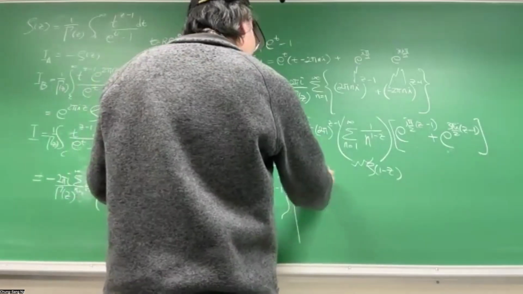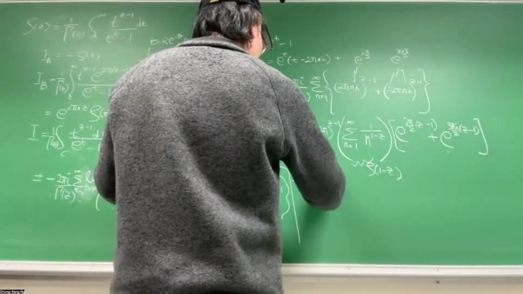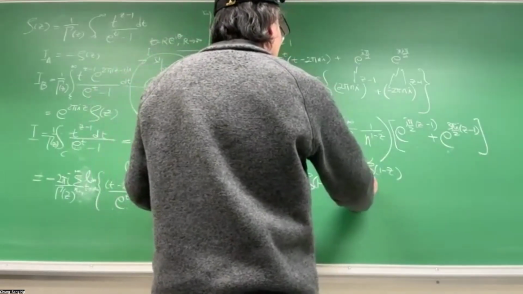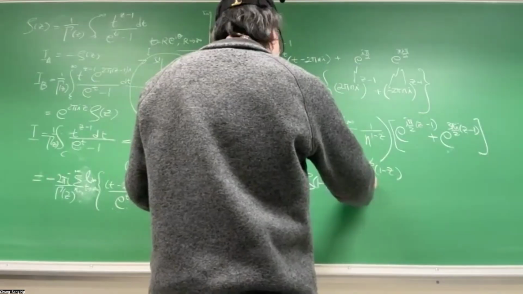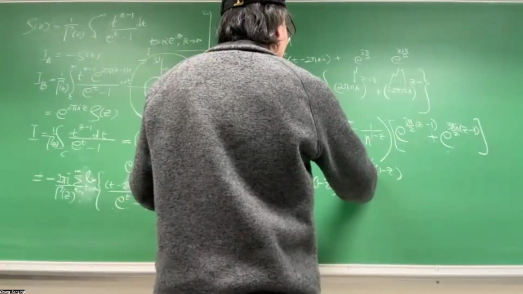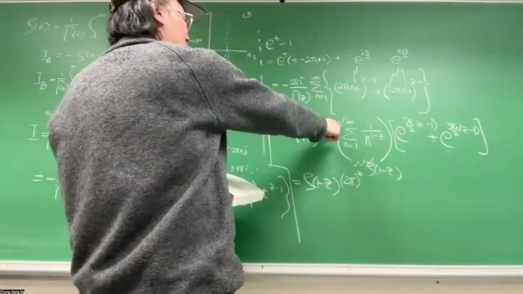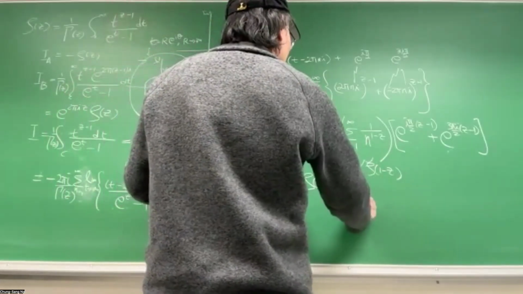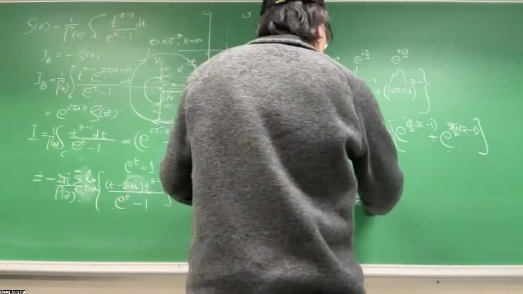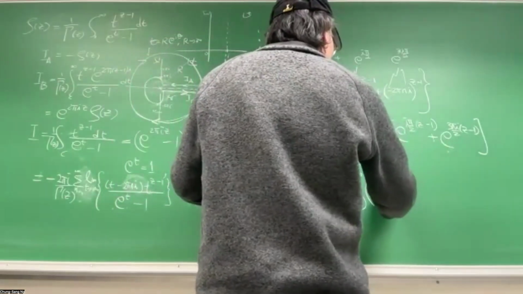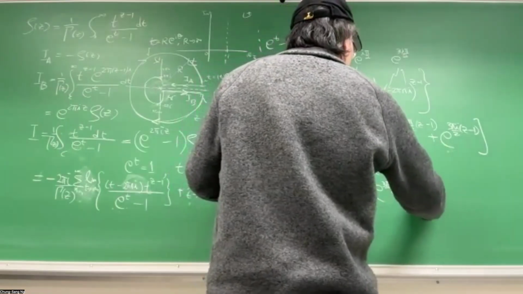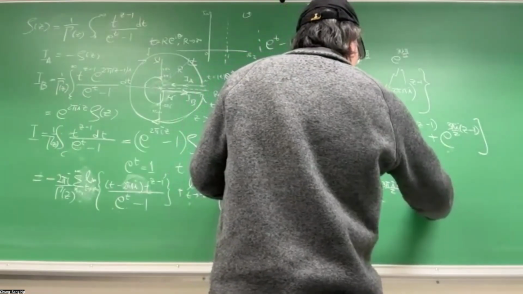Let's just write it on one more line. So this would be your textbook formula: 2 pi over z to the z. You cancel this 2 pi with this minus 1. And then this is e to the 3 pi i z over 2 minus e to the pi i z over 2.